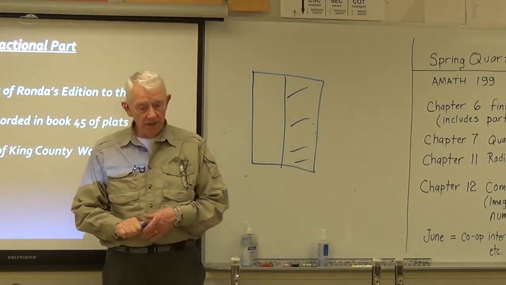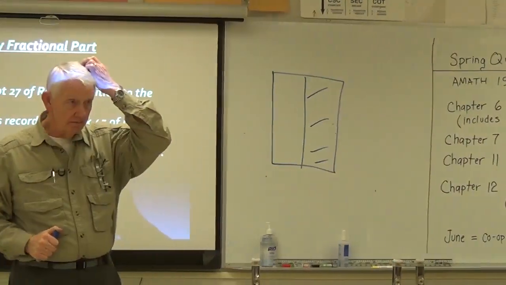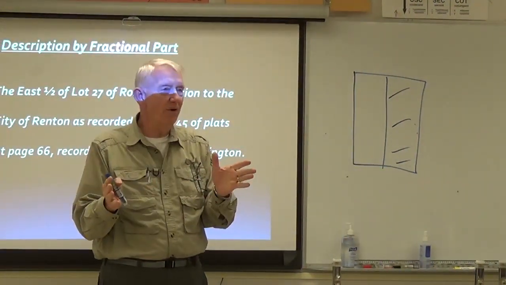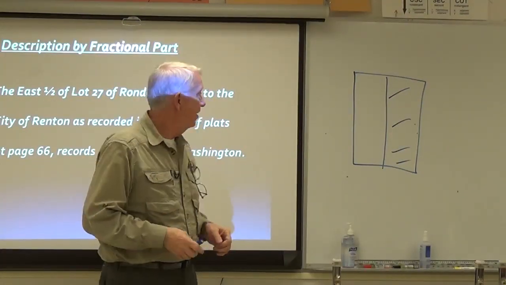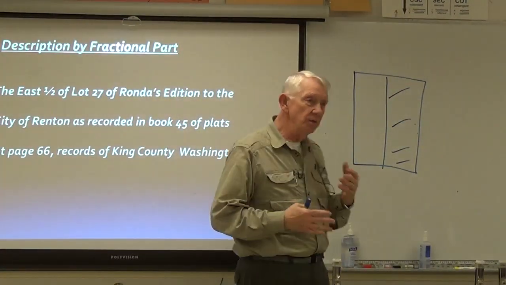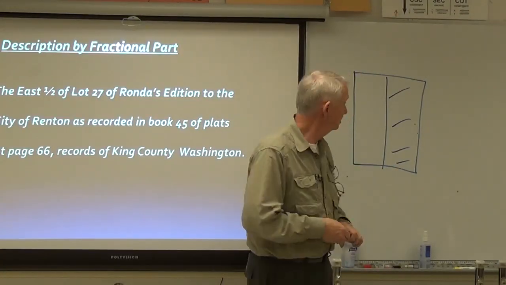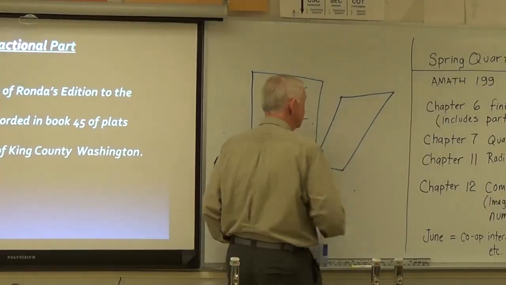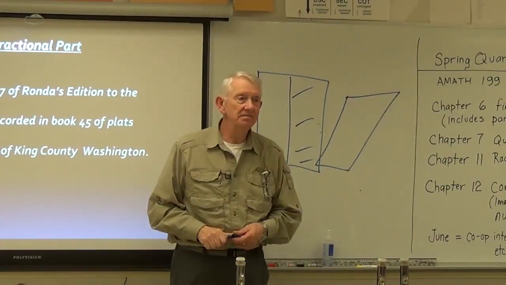But how are we going to determine what the east half is? Now, if it's a nice rectangular lot, that's not too hard to do, but if it's an awkward shaped lot, okay, what's the east half of that?